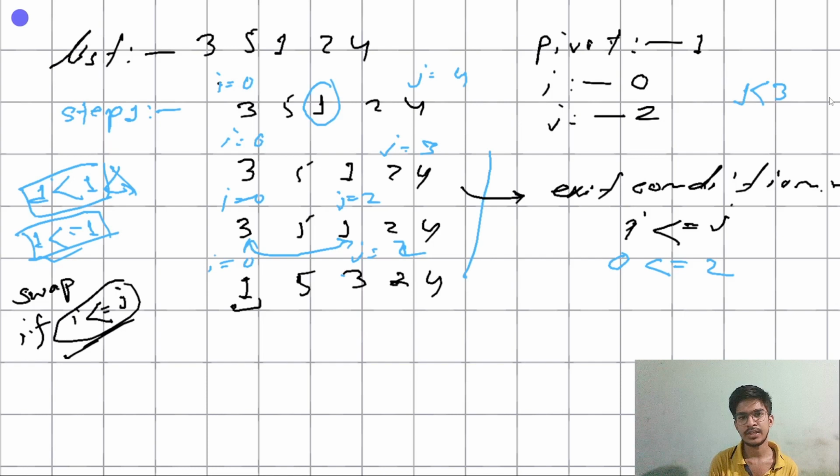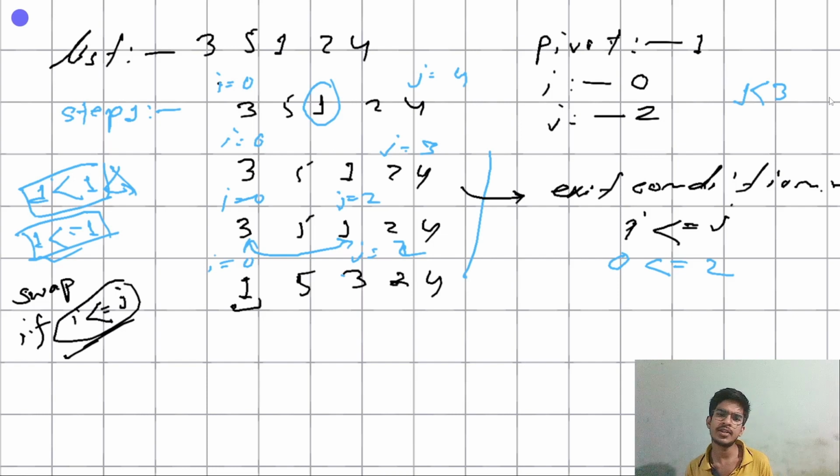That is correct, the j value, 1 is less than 3. Now it will decrement it.